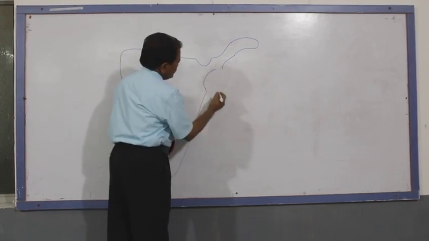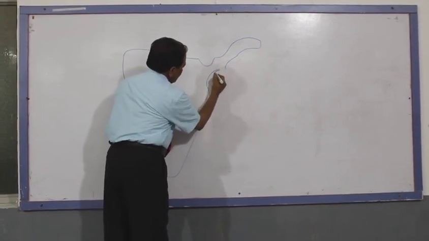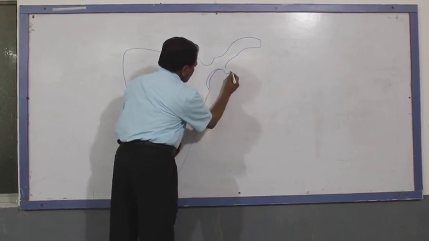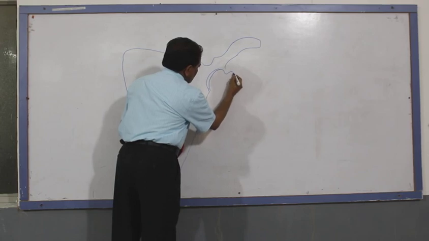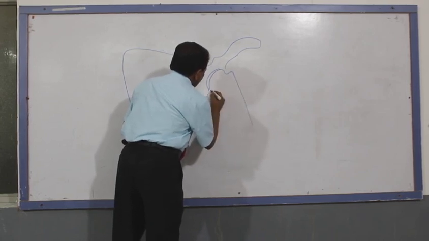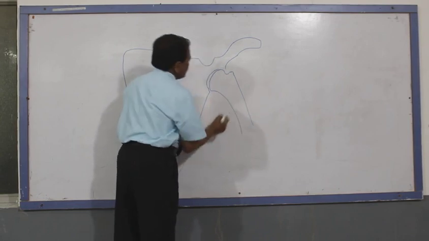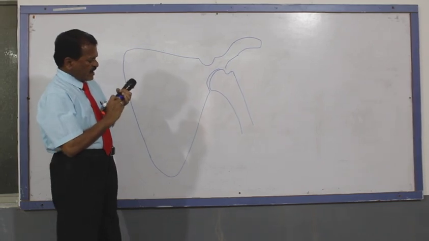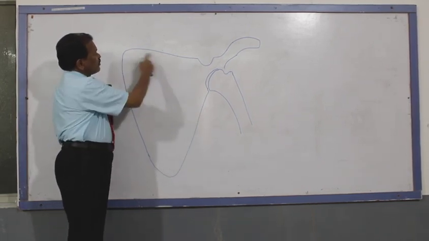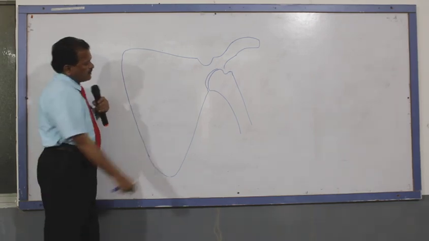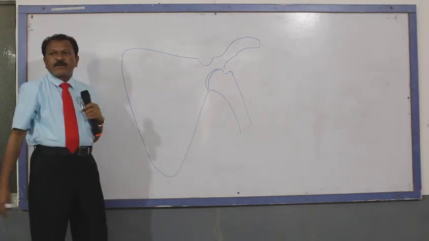With this scapula, the head of the humerus articulates with the scapula in the glenoid cavity. This one is the head of the humerus. So here, this is the upper border of the scapula, this one is the medial border, and this one is the lateral border of the scapula.